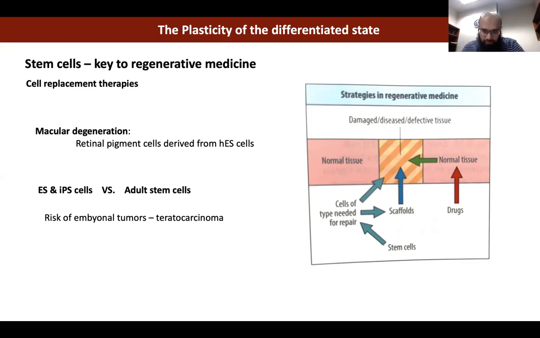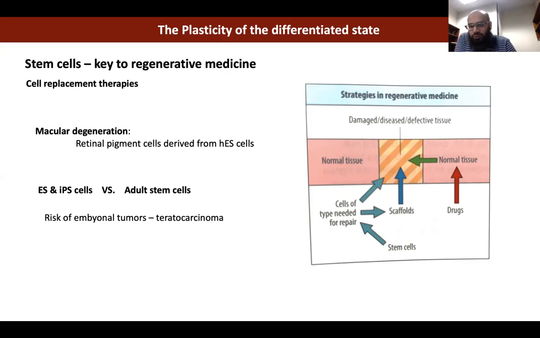We will discuss a little bit more about these scaffolds, but let's take an example of macular degeneration, where there is permanent and irreversible damage in the retina. The scientists tried to repair this damage with retinal pigment cells that were induced from human embryonic stem cells.